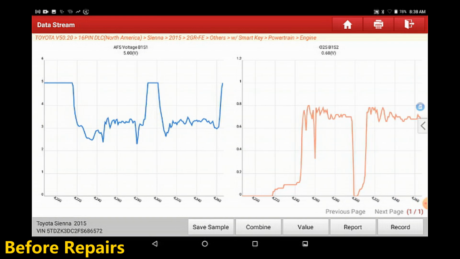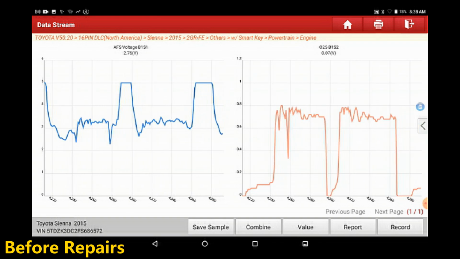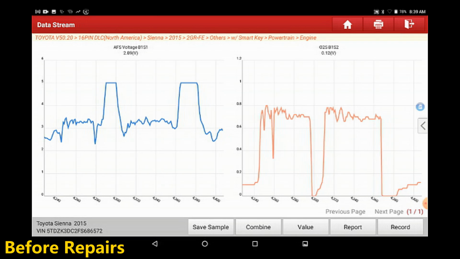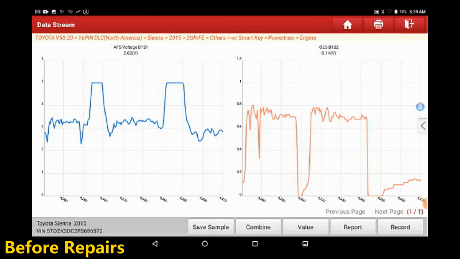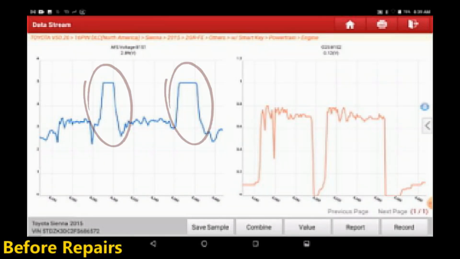But although they work differently, you can still see that the oxygen sensor is still able to mimic the air fuel sensor readings.